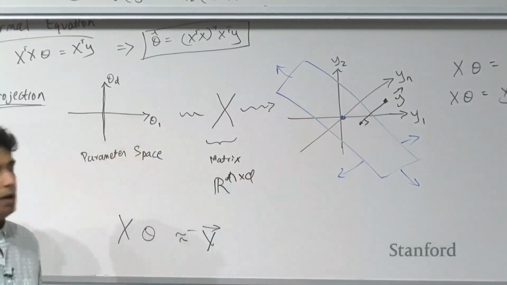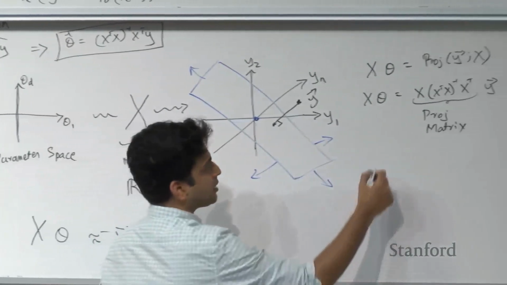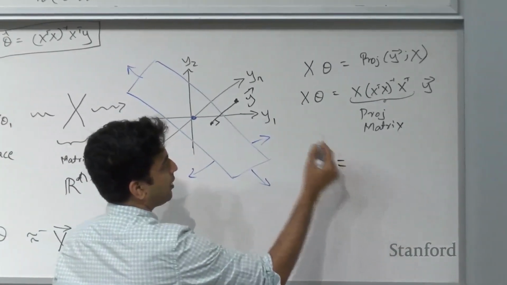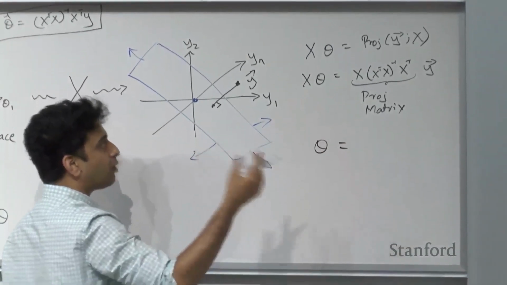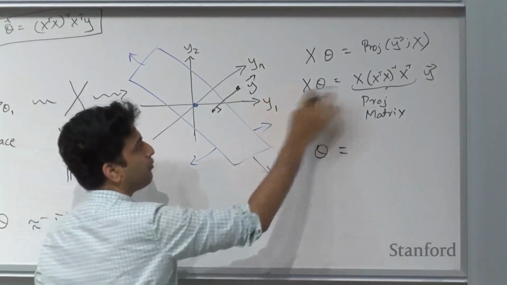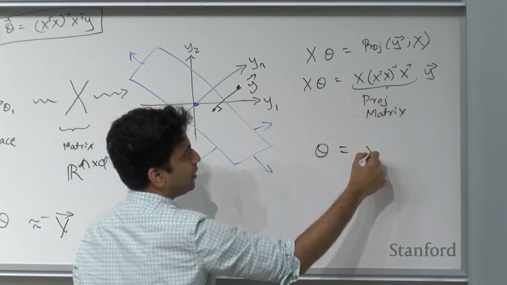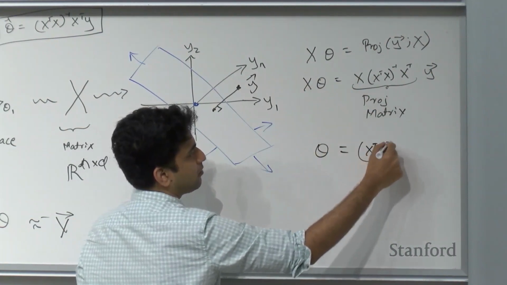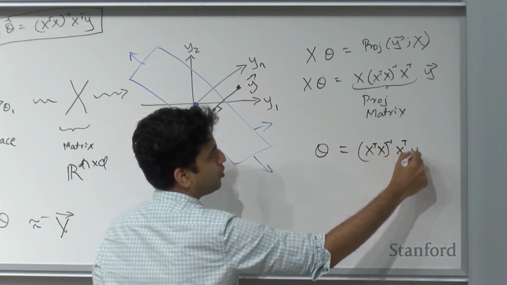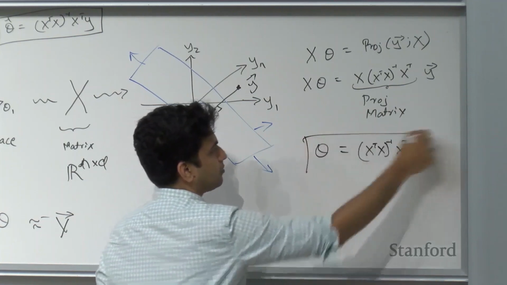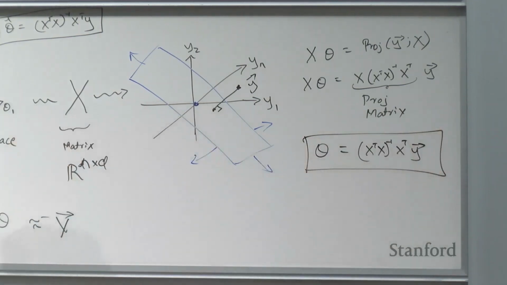Informally speaking, we can invert X from this projection, so you can cancel the X's and get (X transpose X) inverse X transpose y. So this was the projection interpretation of linear regression.